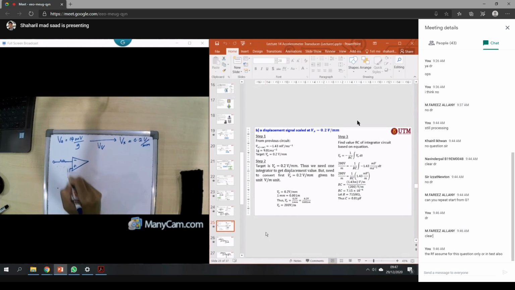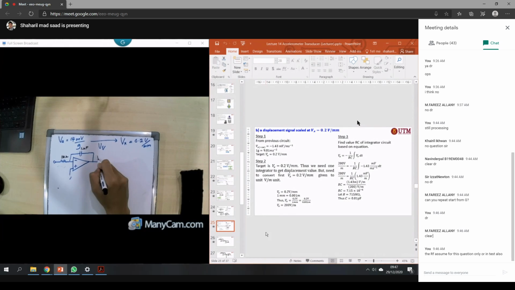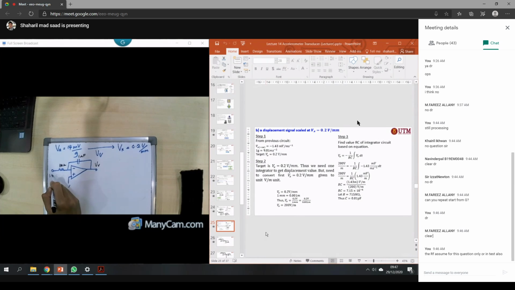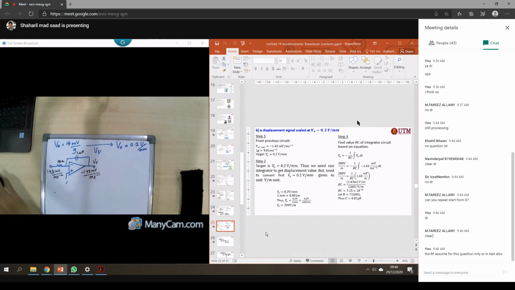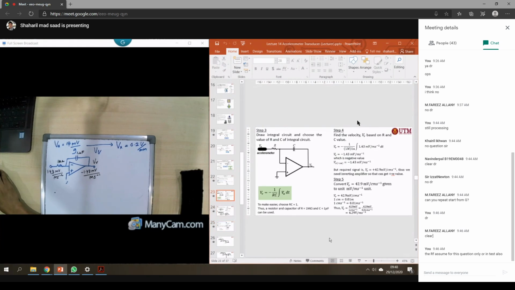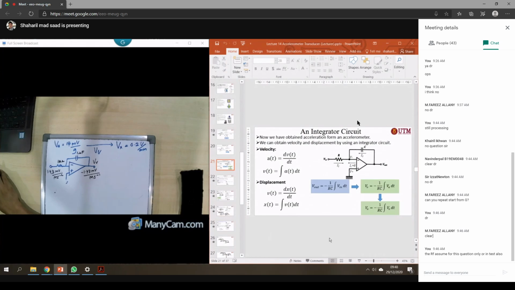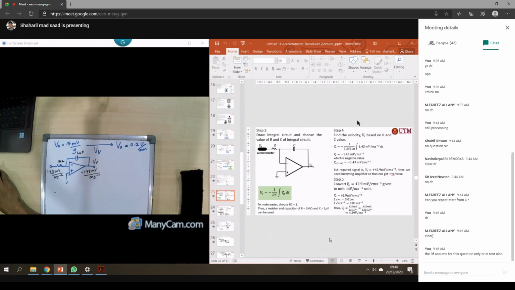With 1 microfarad and 1 mega ohm, we can get Vv, equal to 1.43 millivolt per meter per second squared, then minus 1.43 millivolt per meter per second. Is it right? Okay, right.